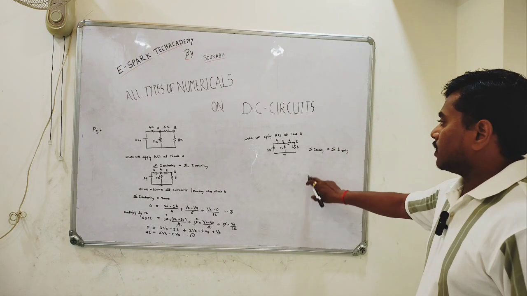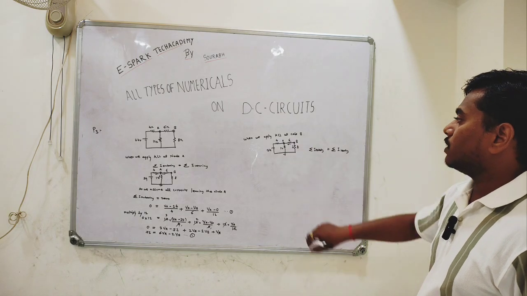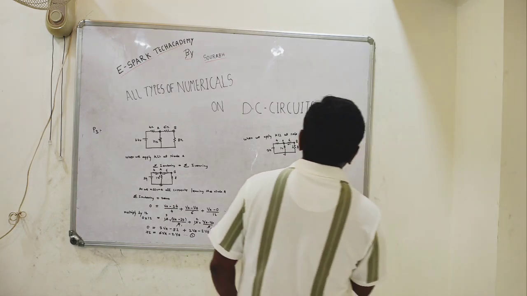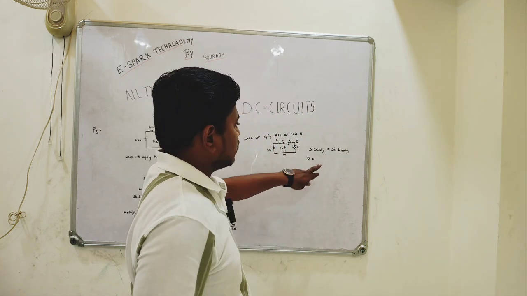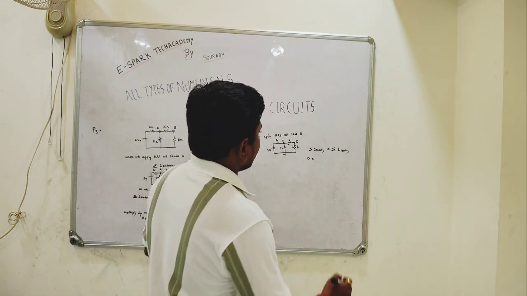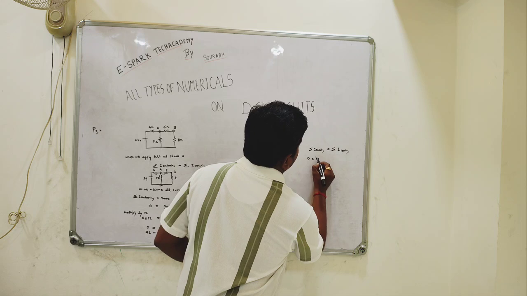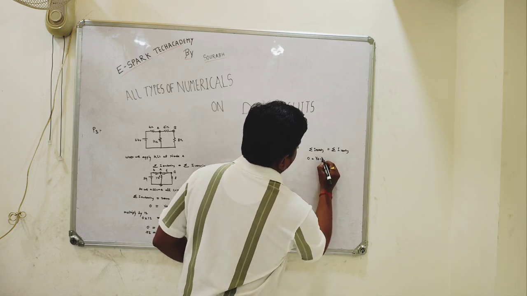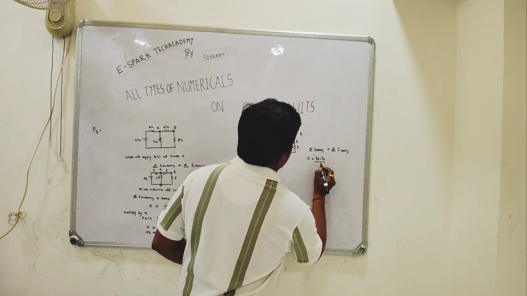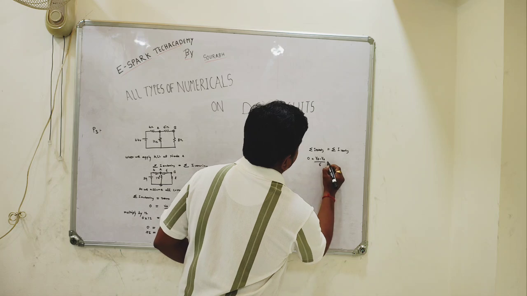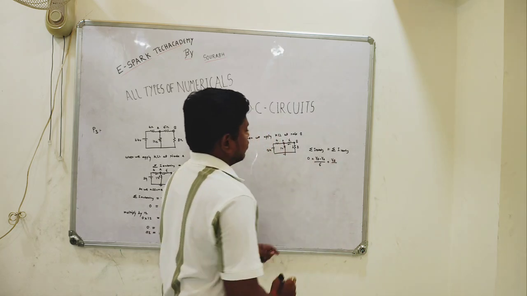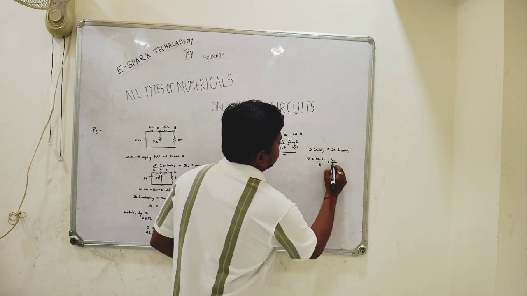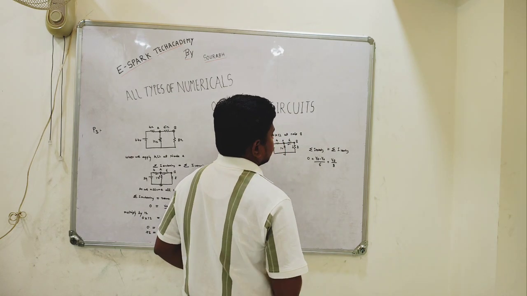In same way, the current entering will be 0 as no current is entering at node B. Hence, 0 is equal to current leaving will be VB minus VA divided by 6 ohm resistor plus VB divided by this 8 ohm resistor.